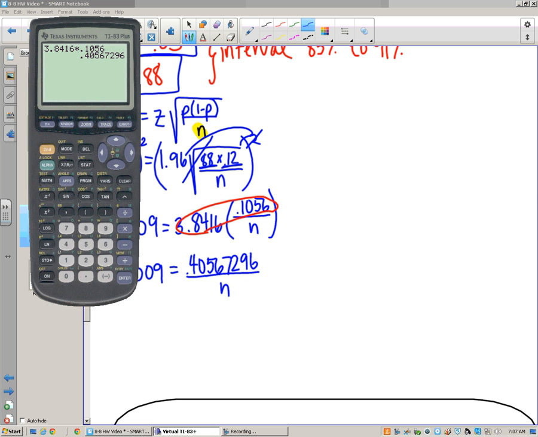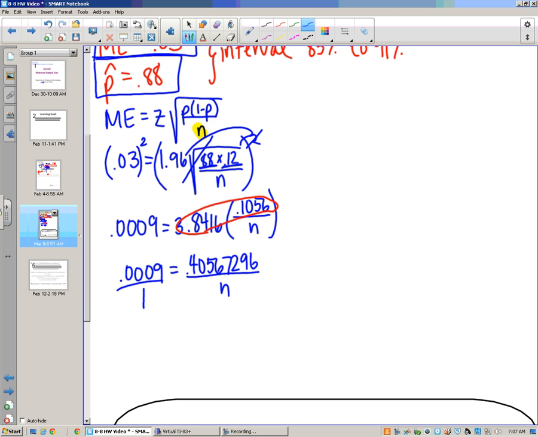I still want to figure out what n is. If I put this over 1, I can cross multiply. I get 0.0009 n equals 0.4056. To get n by itself, divide both sides.